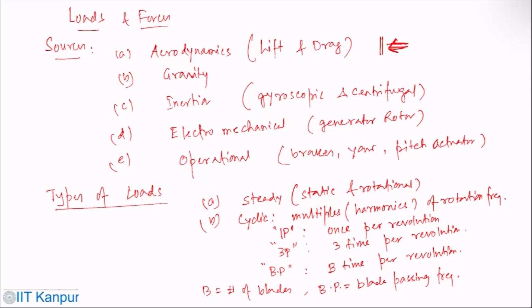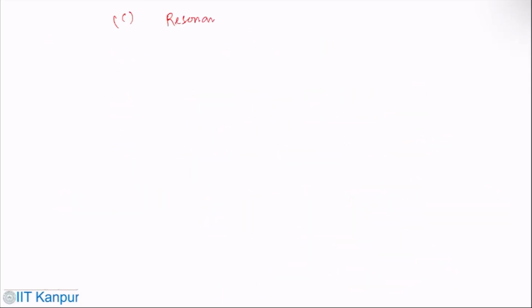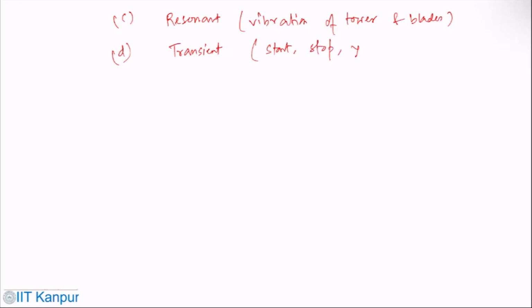Fine. So the third load could be resonant, that is due to vibration of tower and blades. Then you could have transient load, which is due to starting of the machine, stopping of the machine, yaw, all this.